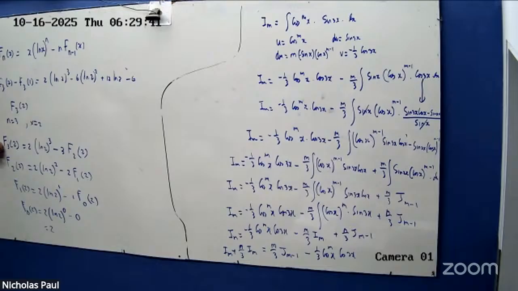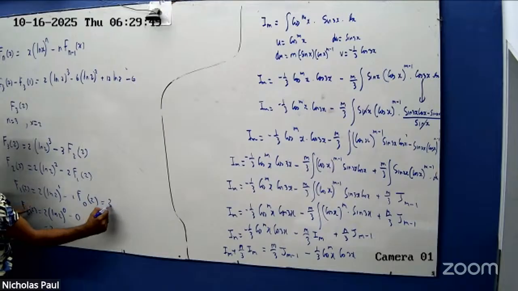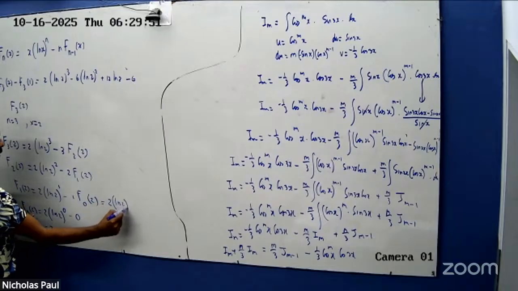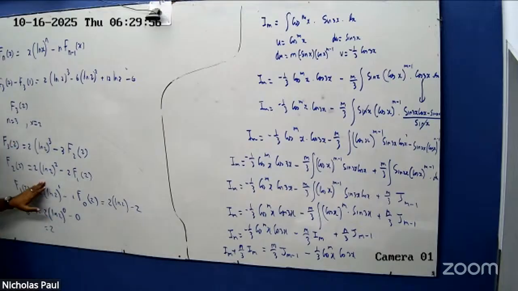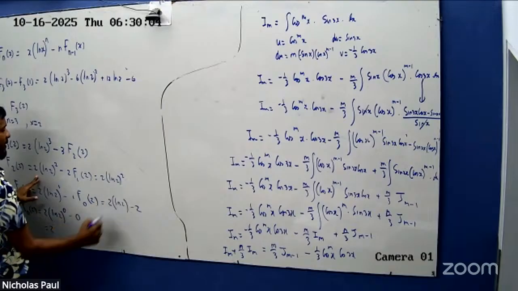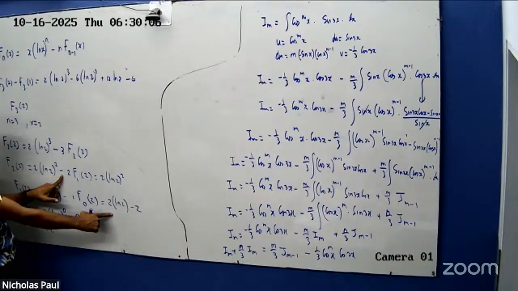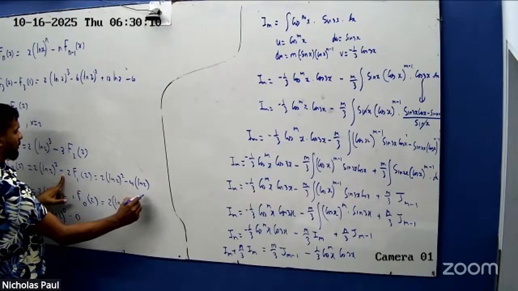You see? Right, so here becomes what now? Here becomes 2 ln 2 minus 2. What does this become? 2 ln 2 squared minus 2 times this, right? So that's minus 4 ln 2 minus 1.